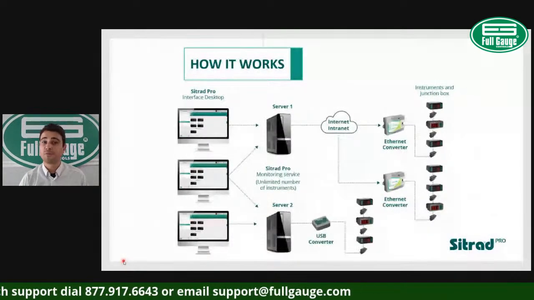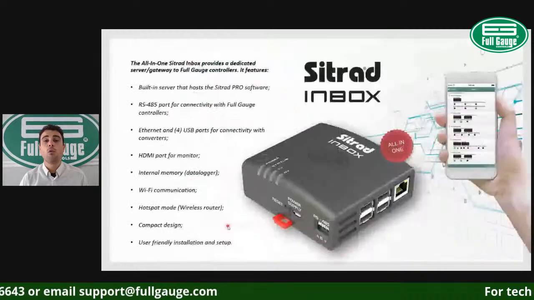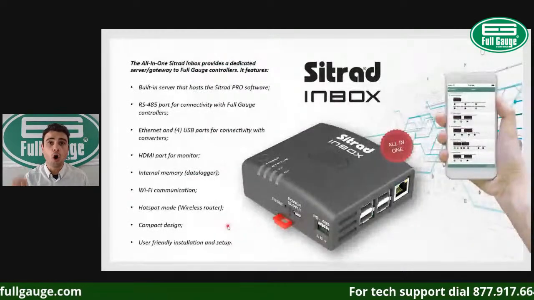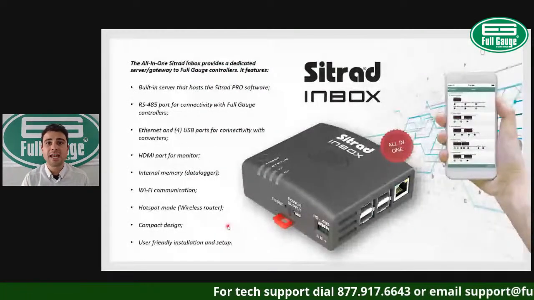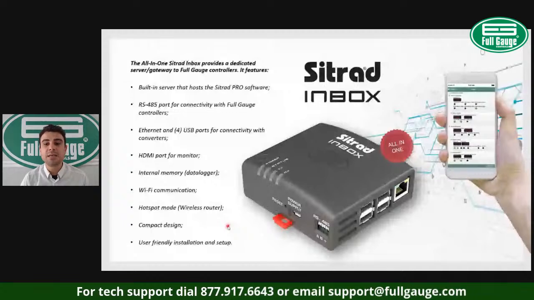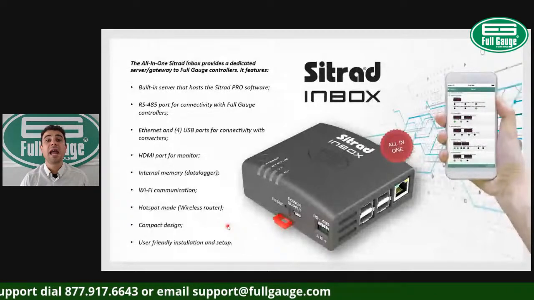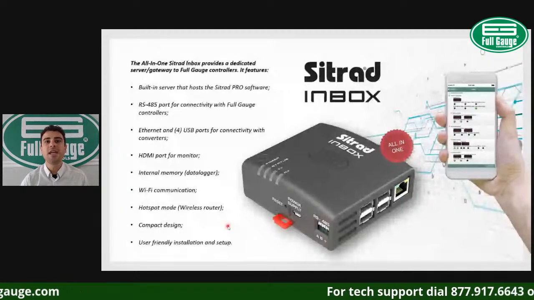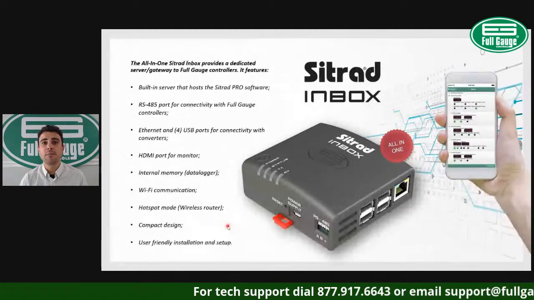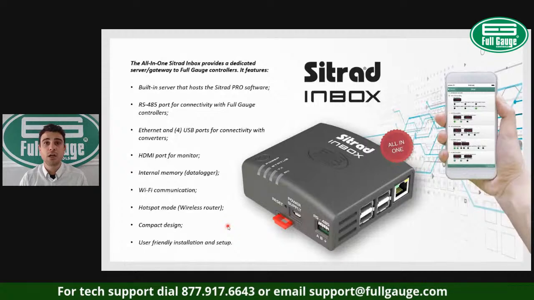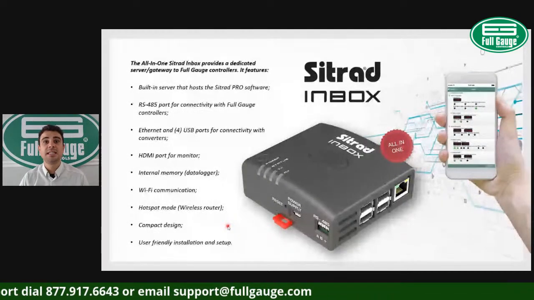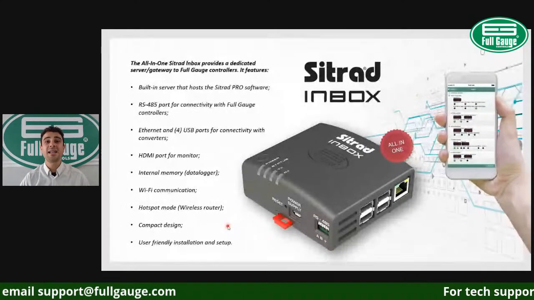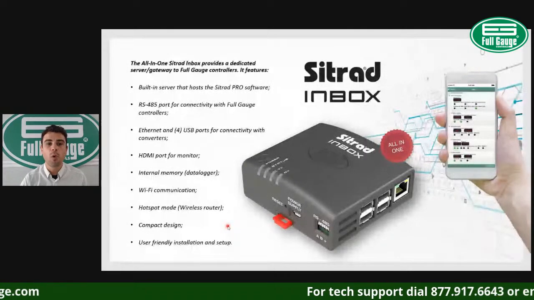The C-TRAD Inbox is a very innovative device which combines the Conv32, TCP/485, and TCP/485 Wi-Fi all in one. So the C-TRAD Inbox includes your built-in Conv32, TCP, TCP Wi-Fi, and a computer all in one.